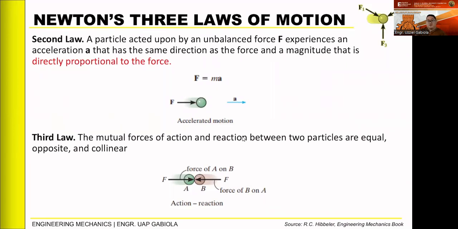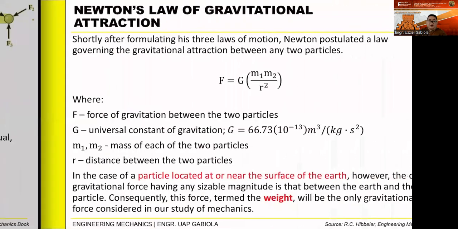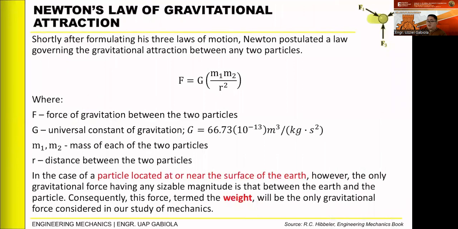So it has an action and reaction. Okay? So that is the three laws of motion. And then we also have Newton's law of gravitational attraction. So here, after formulating the three laws of motion, Newton postulated a law governing the gravitational attraction between two particles, no? This exists when we are talking about outside the Earth.